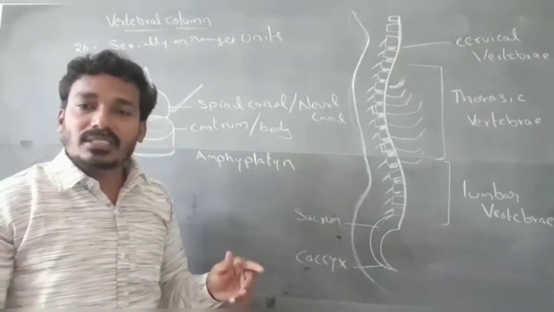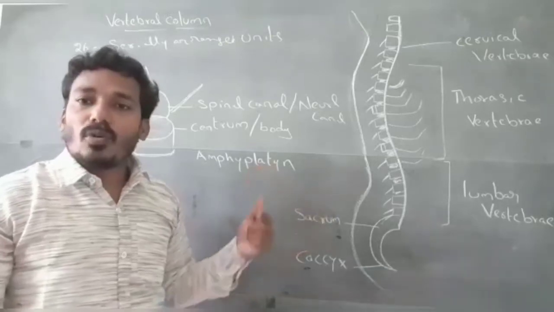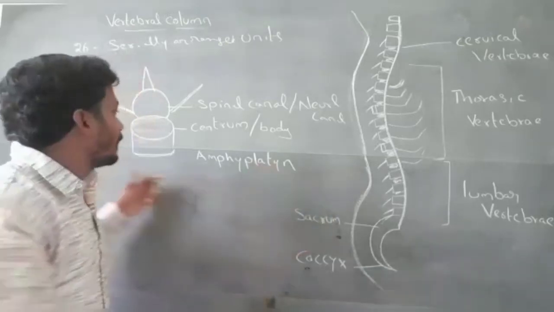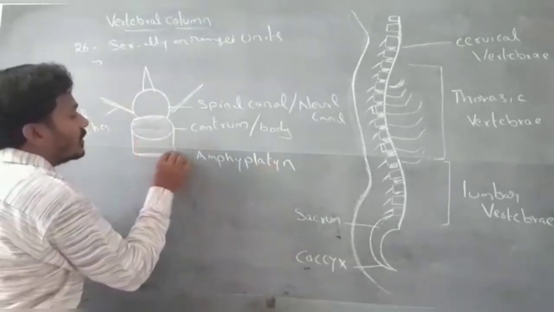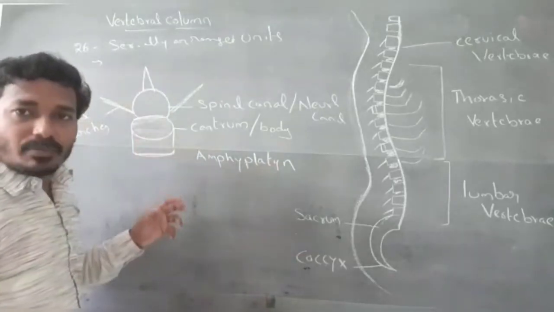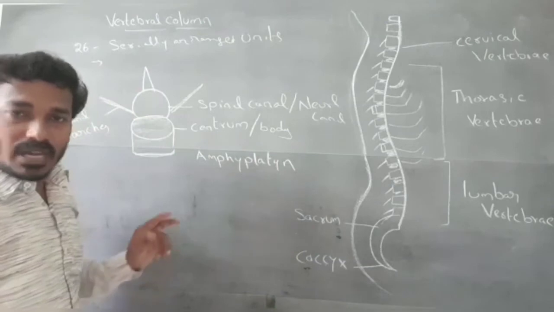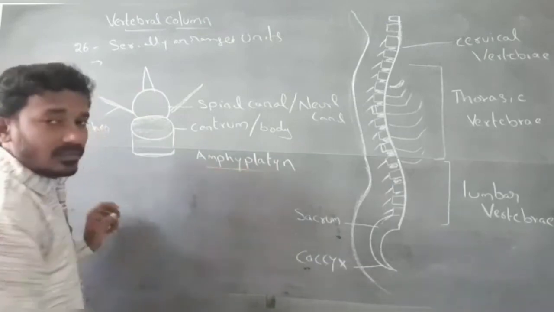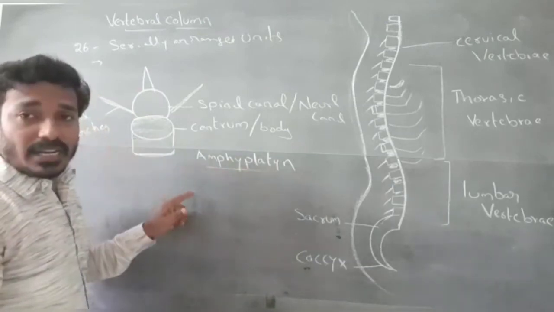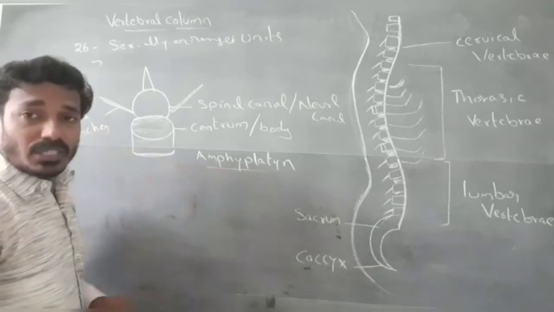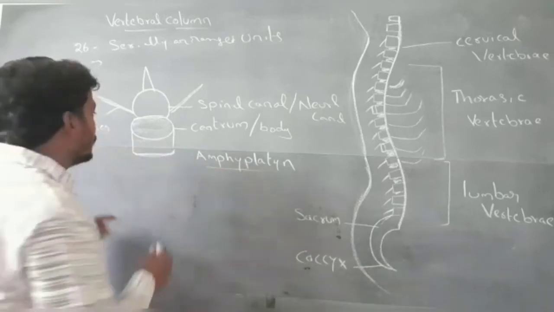In amphibians, procoelous, opisthocoelous and amphicoelous types are present. In mammals, the centrum is amphiplatyan.